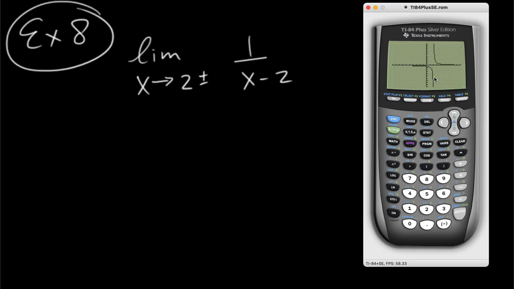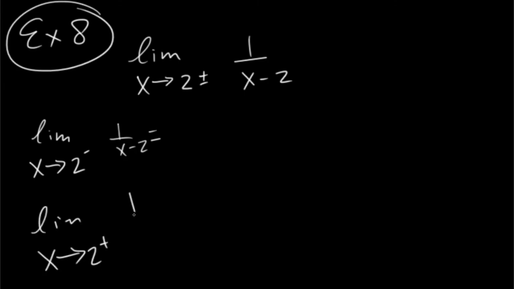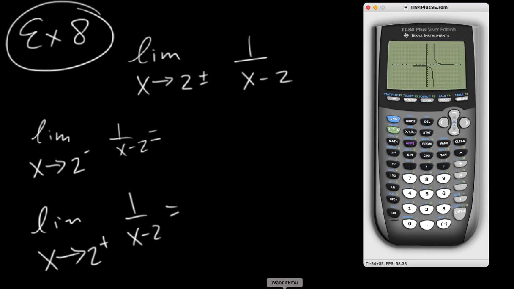Okay, if we look at this, we can see that if we do the limit as x approaches 2 from the negative side of 1 over x minus 2, and then the limit as x approaches 2 from the positive side of that same function, we're going to look at the graph.